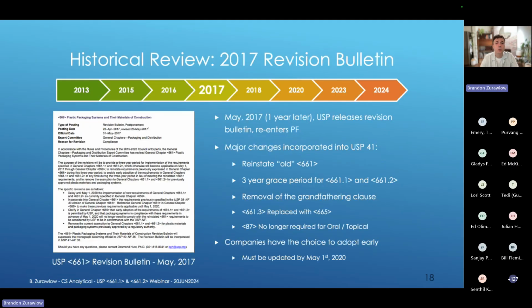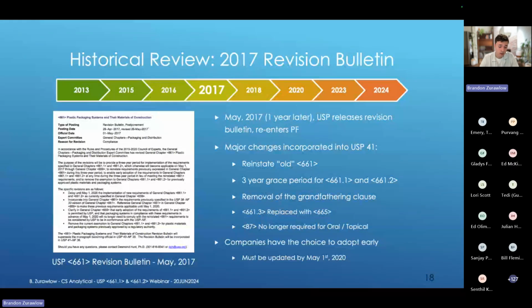And so in 2017, about a year later, the USP released a revision bulletin, and 661.1 and point 2 re-entered PF. And these major changes of the revision bulletin were incorporated into USP 41 in the following year. The major changes included a reinstatement of the old 661, a 3-year grace period for the adoption of 661.1 and point 2. So that would be May 1st of 2020 at the time.